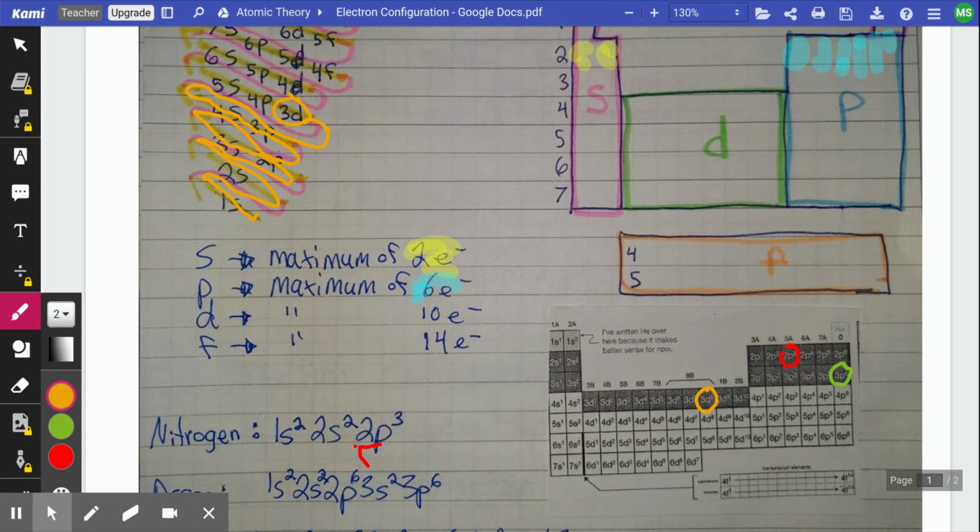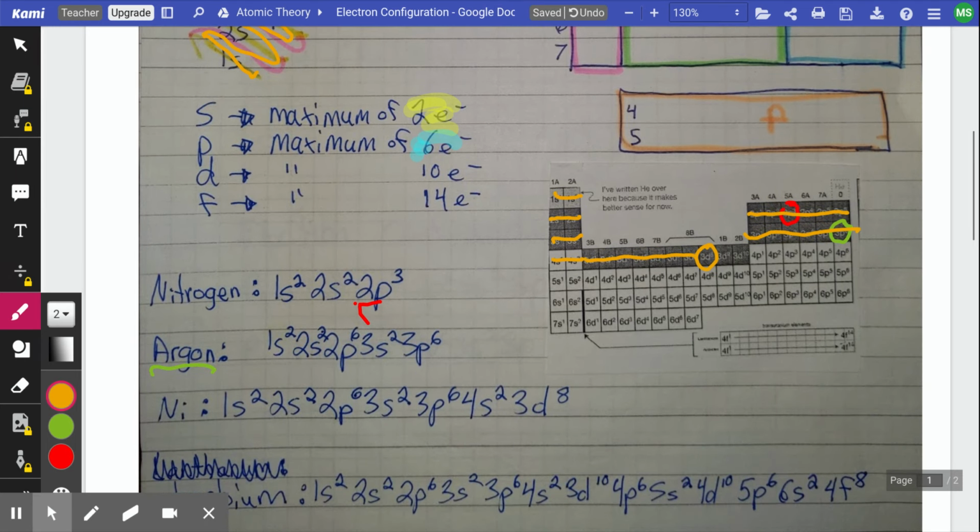But if you follow the periodic table, you won't make a mistake. 1s2, 2s2, 2p6, 3s2, 3p6, 4s2, and then 3d8. So that is our electron configuration for nickel.